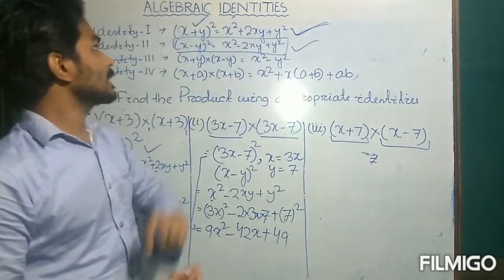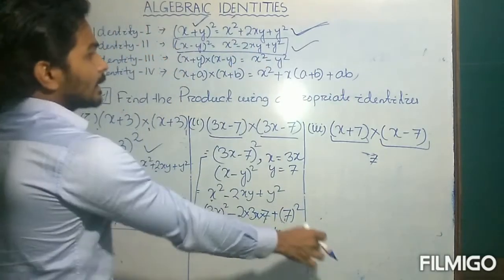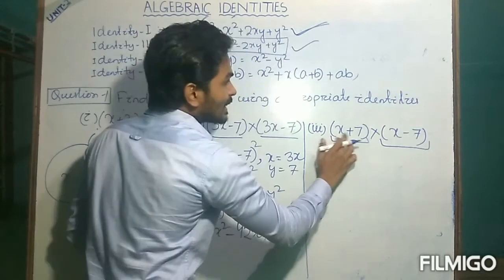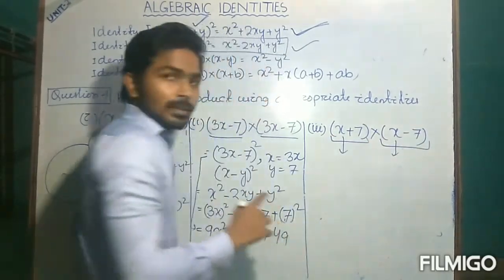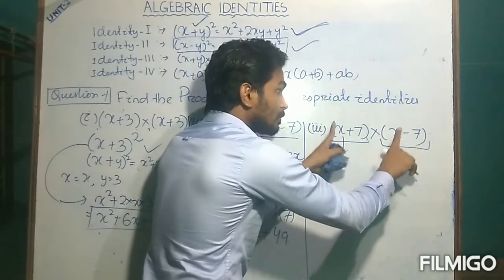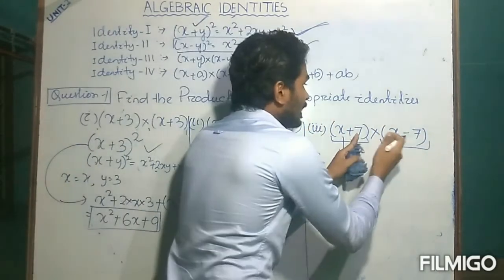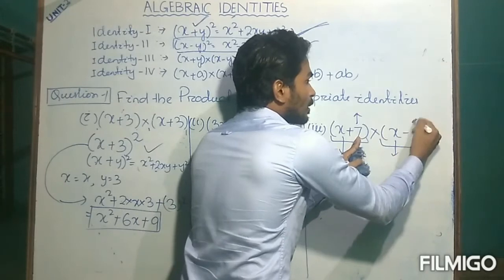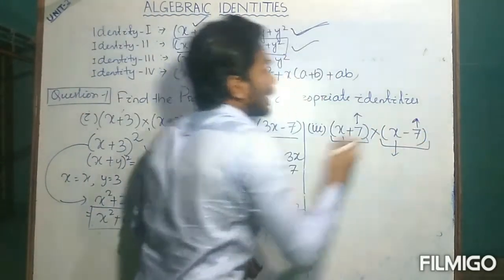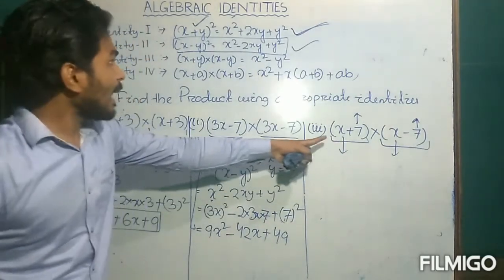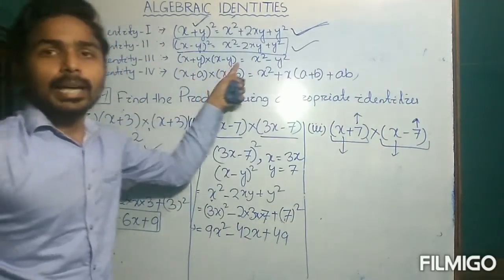Let's find. Here what we have? x plus 7, x minus 7. Here x, here x. That means in the two terms the first terms are equal and the second terms are also equal. Only difference is that if it is plus then it is minus. So it is quite similar to this identity formula.